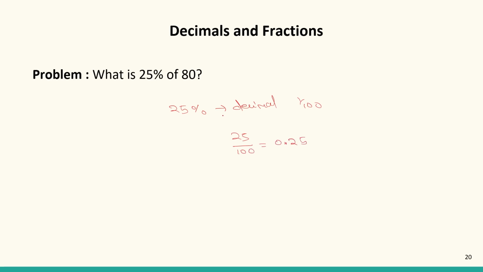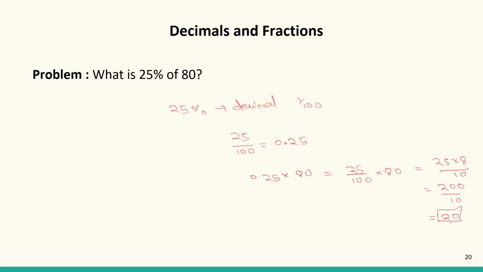After this, we need to find 25% of 80, so we multiply 0.25 by 80. That gives us 25 by 100 into 80, which is 25 into 8 by 10, equal to 200 by 10, that is 20.